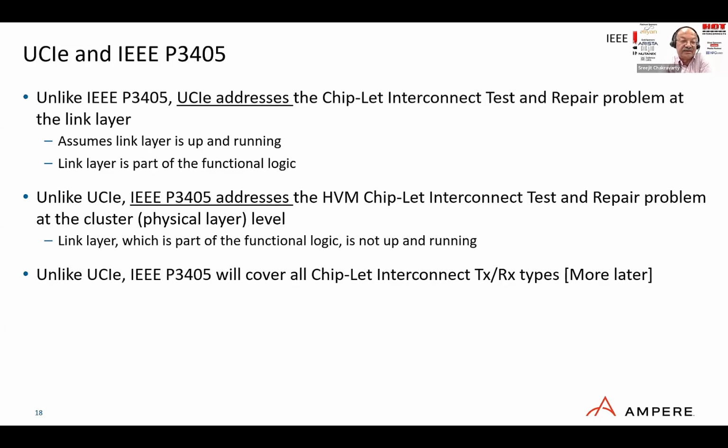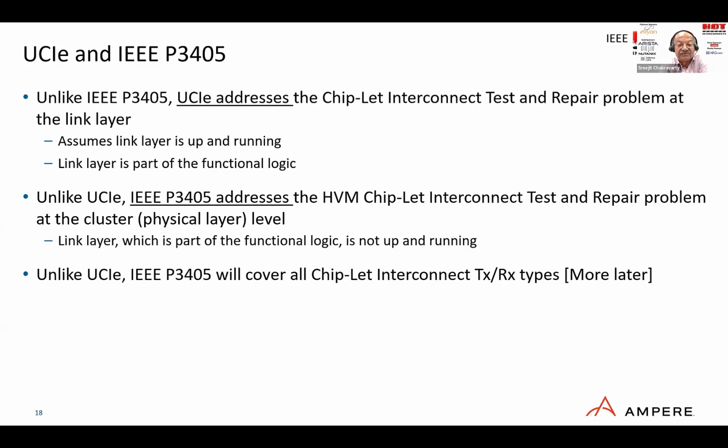Unlike the P3405, UCIe addresses the chiplet interconnect test and repair problem of the link layer. It assumes that the link layer is up and running, and if you think about it, in our terminology, the link layer is actually part of the functional logic.